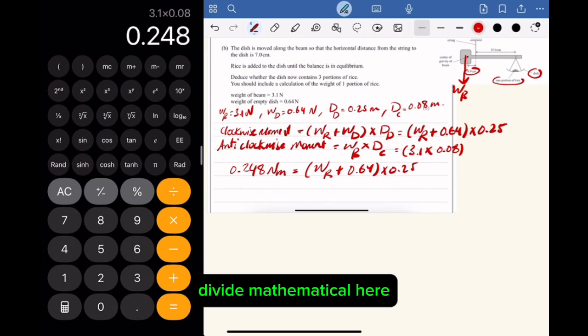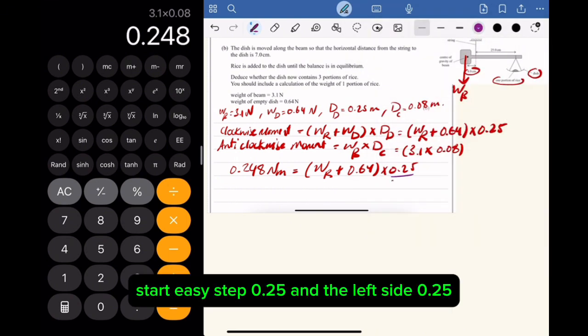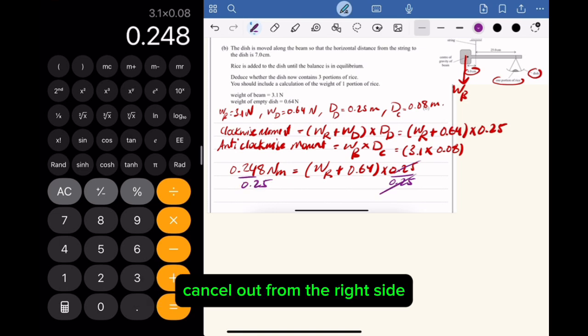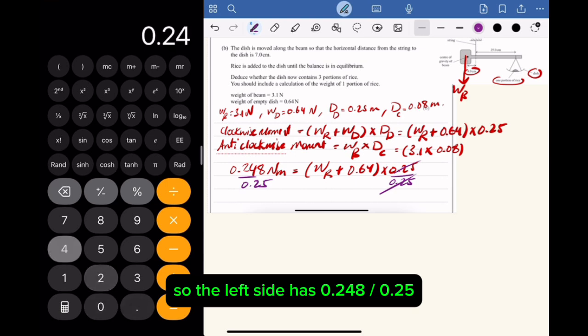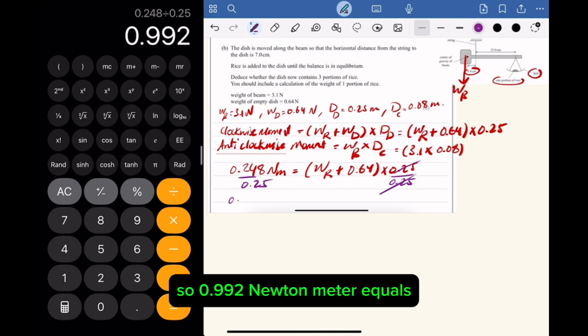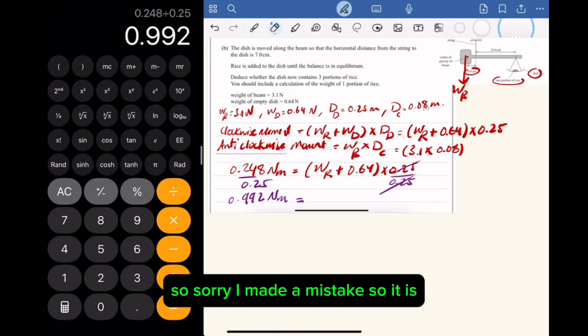Divide both sides by 0.25, an easy step; the 0.25 cancels out from the right side. So the left side has 0.248 divided by 0.25, which is 0.992. Oh, here it is not Newton meter because we cancel out the meters, sorry, I made a mistake.